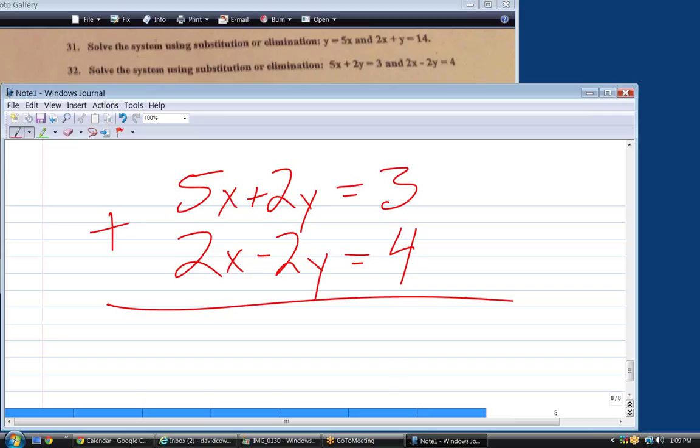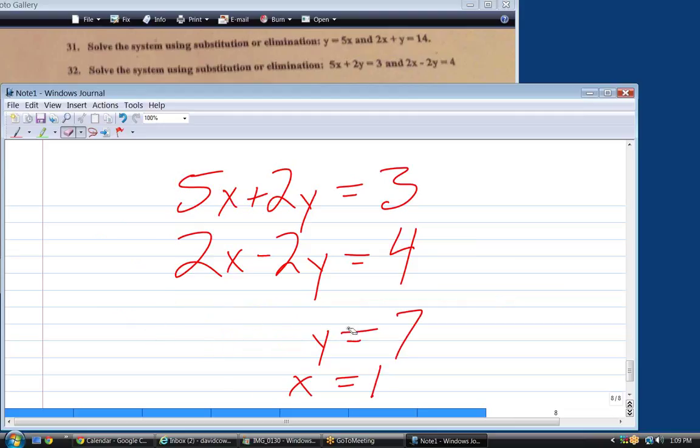And it's important that you know which. In order to get 0y, I have to add these. I can't subtract them. Okay? So what else do you get besides 0y? You get 7x equals 7. So x is equal to what? Okay, and now solve for y.